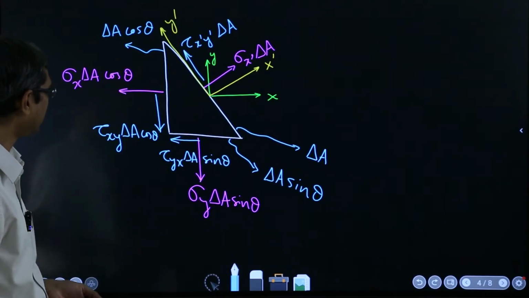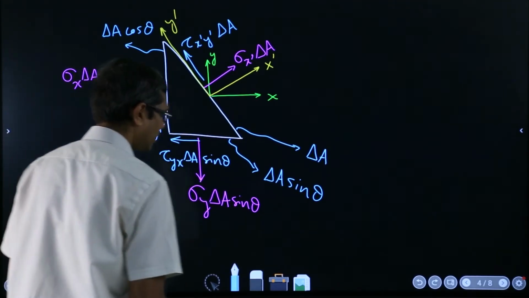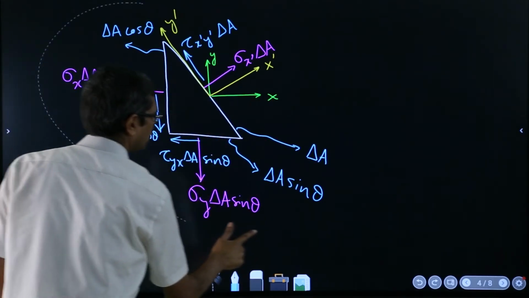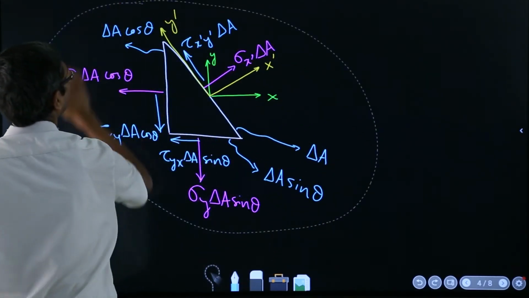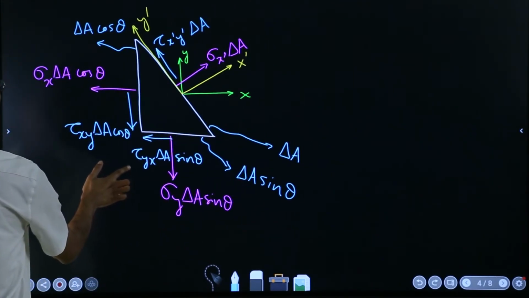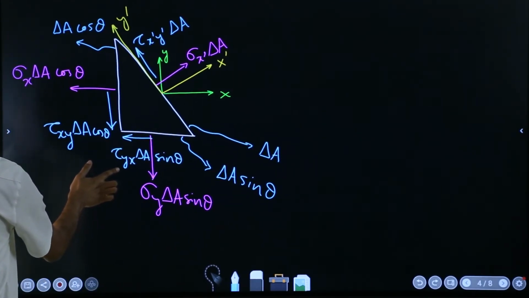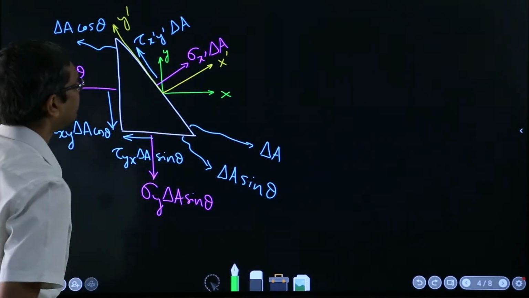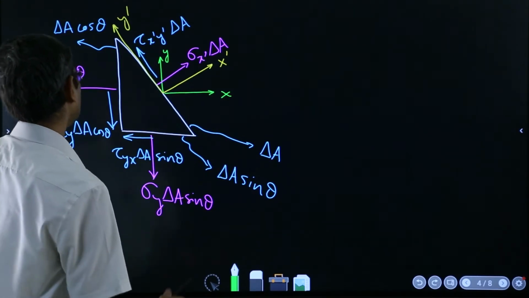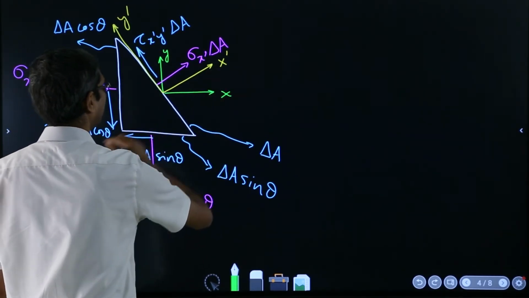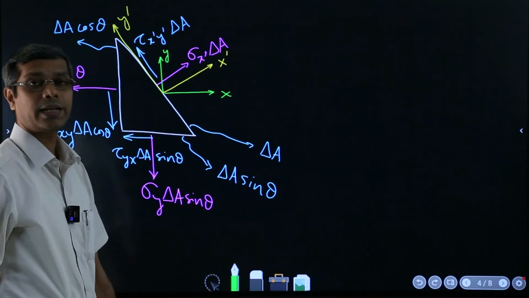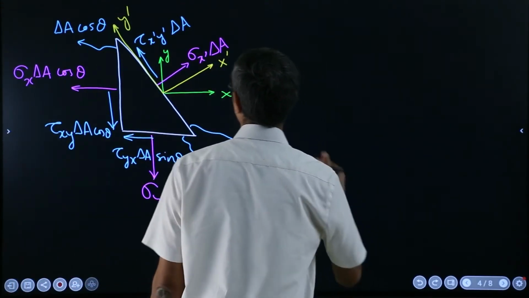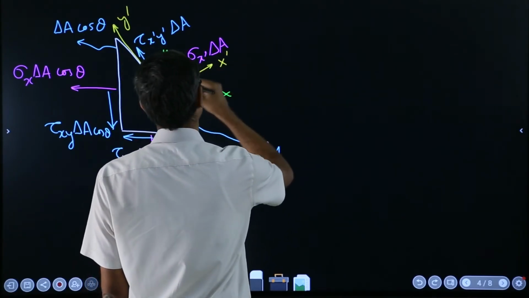Now, let us write the equation of equilibrium. For that I will need some space, so let me try to shift this whole thing to here. As far as possible, I have shifted it. Now, let us say we write the equation of equilibrium in the direction of x prime. So this is suppose the positive direction.